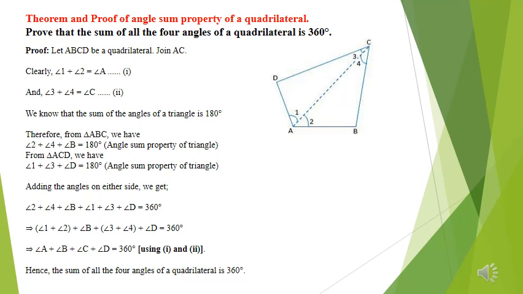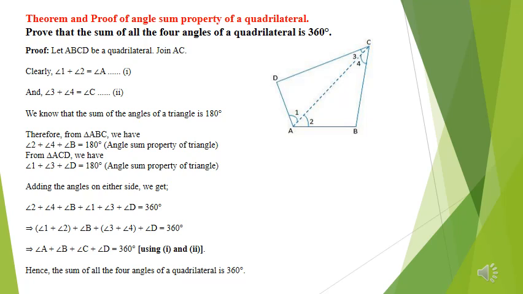We know that according to the angle sum property of a triangle, the sum is 180 degrees. Therefore in triangle ABC we have angle 2 plus angle 4 plus angle B equal to 180. From triangle ACD, similarly, we write angle 1 plus angle 3 plus angle D equal to again 180 degrees.